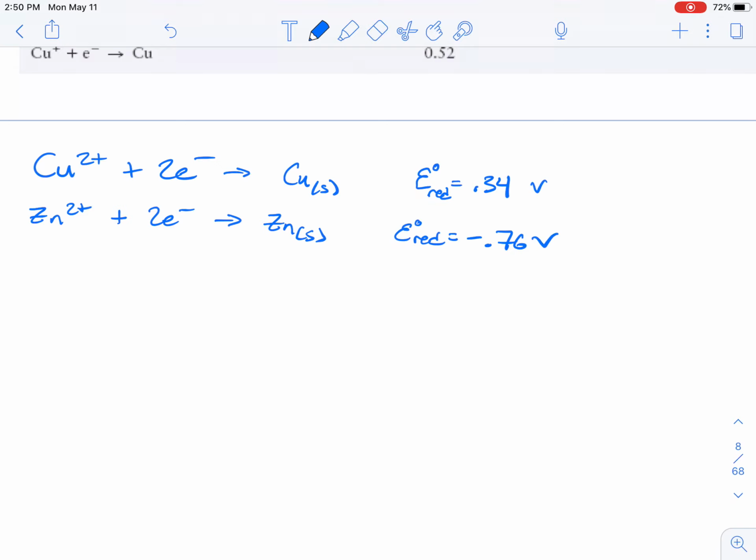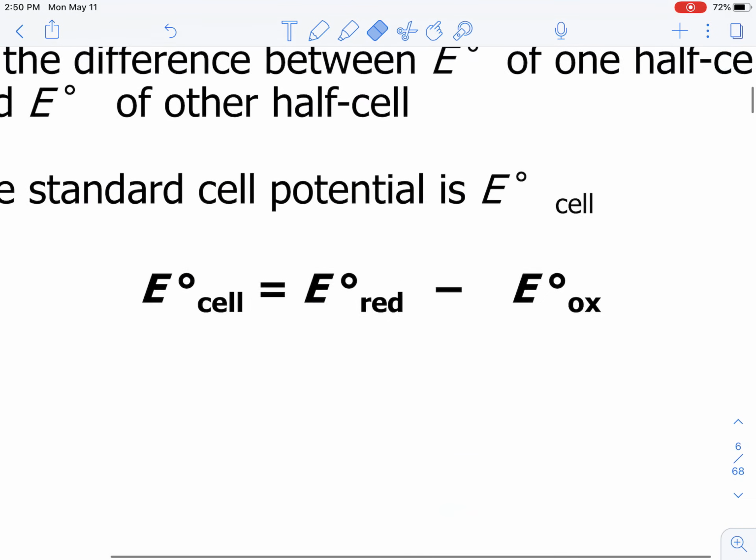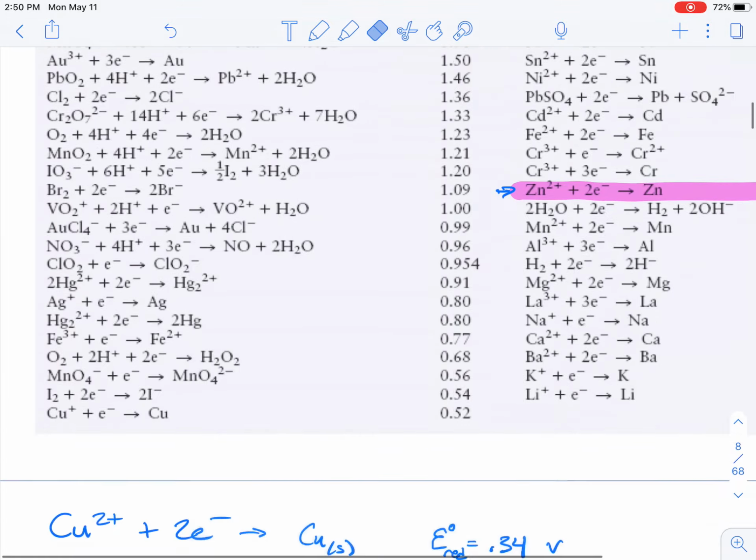One, we can just take the sum of these 2 half reactions, meaning the sum of the reduction potentials. Number 2, I'm going to show you how to use the data that we have currently and plug it into the equation that I mentioned earlier, which is this guy: the standard cell potential is equal to the potential of reduction minus oxidation.